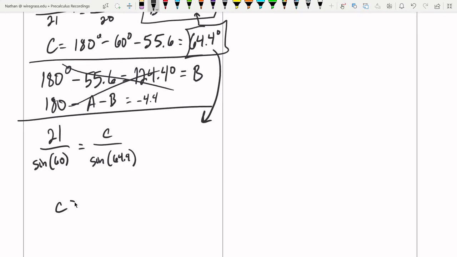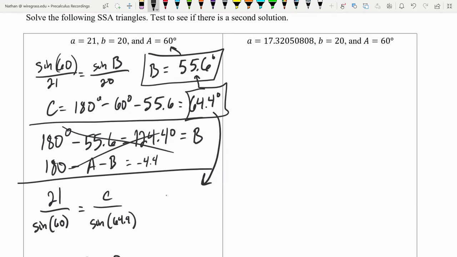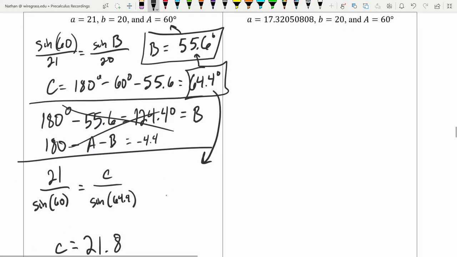And solving for C, we're just going to multiply sine 64.4 over. And I get C equal to 21.8. And so I have my triangle solved. I have A, B, and C, and angles A, B, and C.